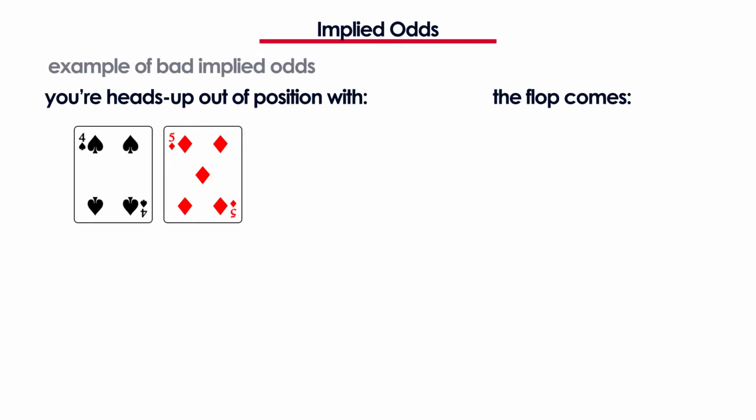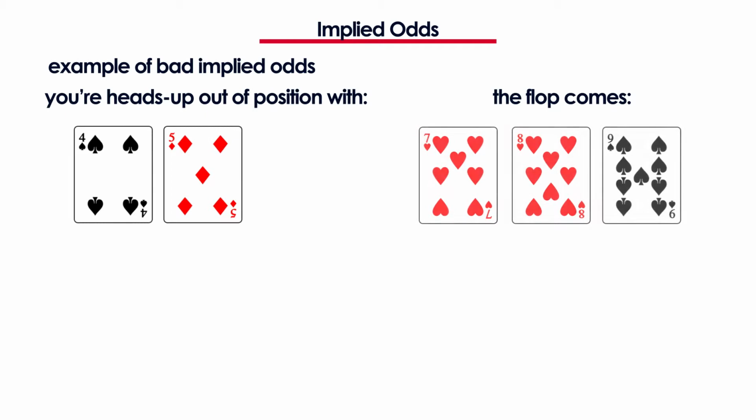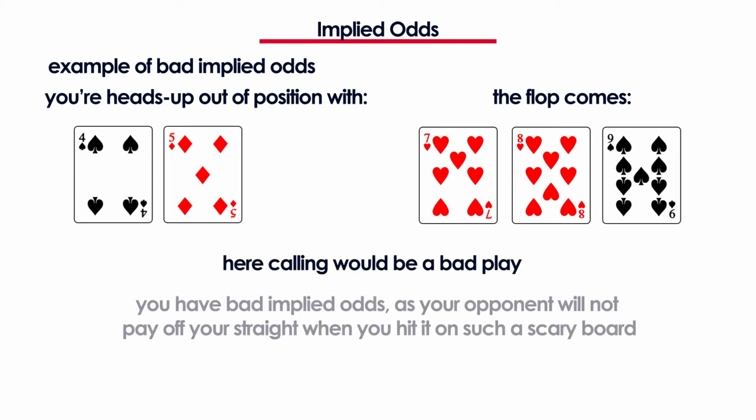An example of bad implied odds would be if you had the same hand but the flop came 7, 8, 9. Now you only have a gut shot, so your pot odds are really bad and your implied odds are almost non-existent, because even if you hit that gut shot, your opponent is not gonna pay you off with a worse hand, because the board will be just too scary.